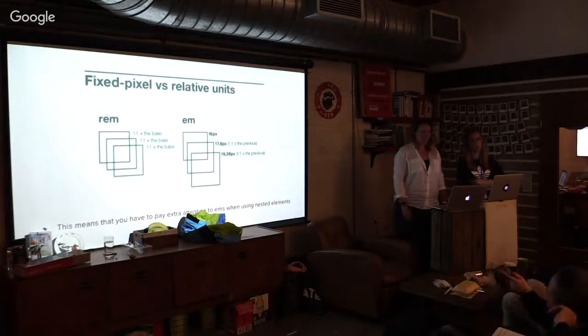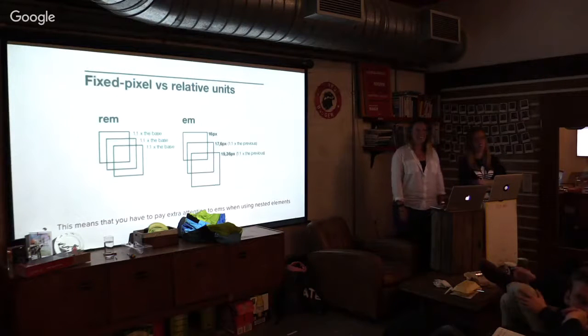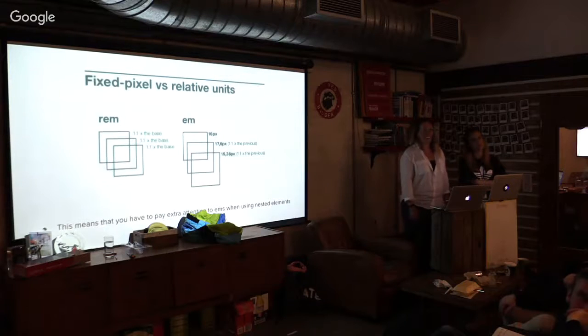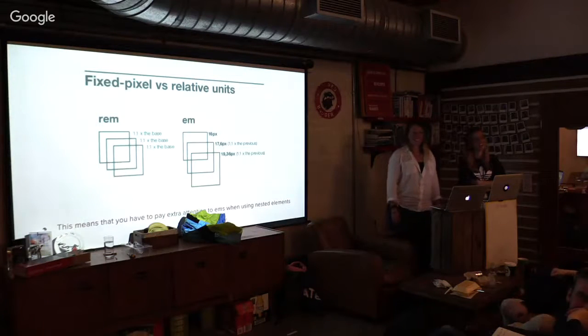So why would we use ems over rems? Yeah, I have no idea. So the idea behind ems, I think ems were dated before rems, and we then came up with rems because let's fix ems. But the idea behind ems was that there is a certain idea behind when you design typography.